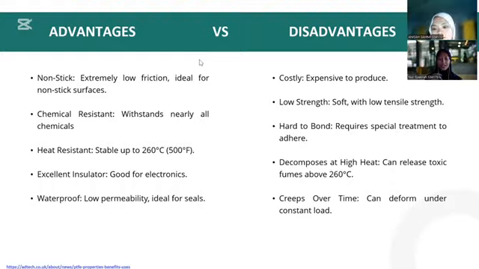Besides all of that, it also is hard to bond, where it requires special treatment to adhere, and it also decomposes at high heat, where this polymer can tolerate heat until 260 degrees Celsius, and it can release toxic fumes when heated above 260 degrees Celsius. And last but not least, it creeps over time, where it can deform under constant load.